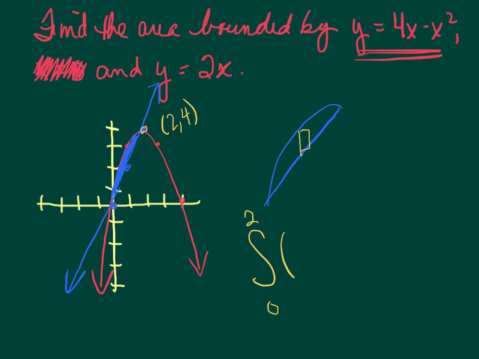The top is going to be my parabola, 4x minus x squared, minus the bottom, which was my line 2x, and then I'll have a dx there. We'll erase the parentheses, we don't need them. And now I could do some simplifying if I actually had to integrate this, and simplify down to just 2x minus x squared, and then integrate that and substitute in my numbers.